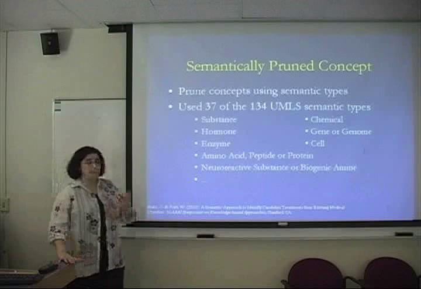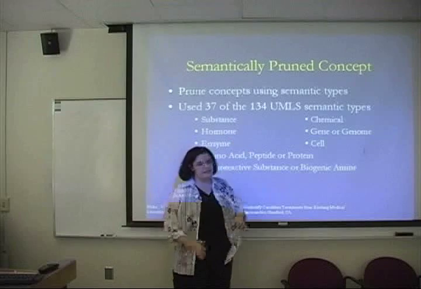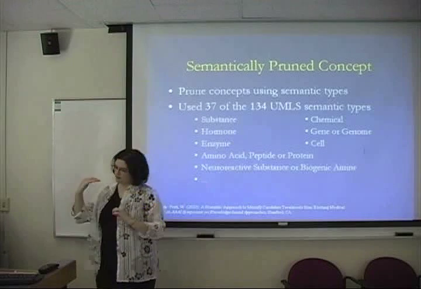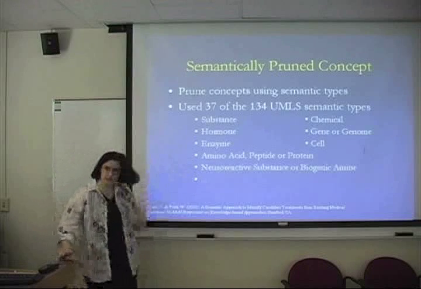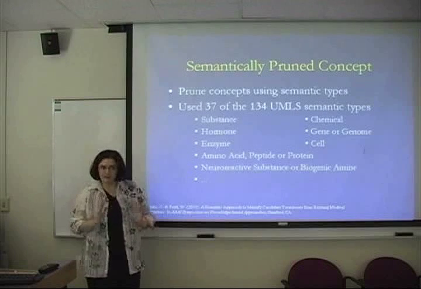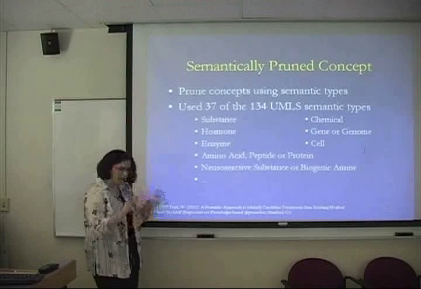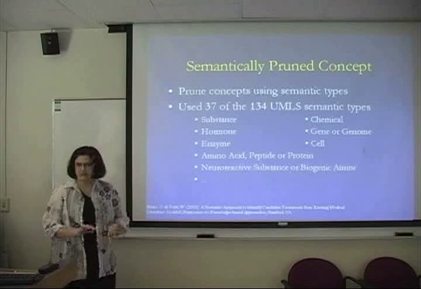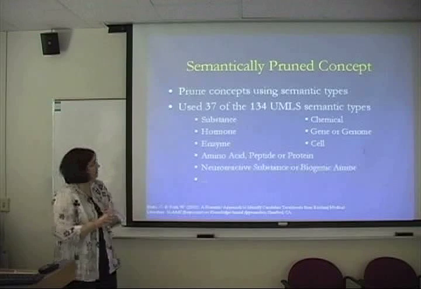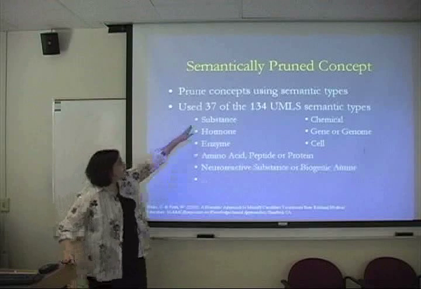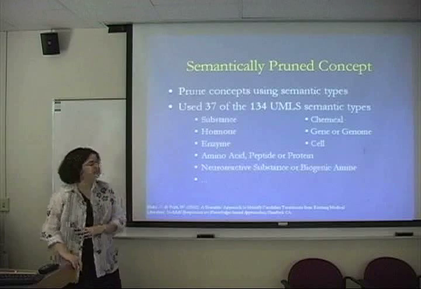For the semantically pruned concepts, I looked through these semantic types, and these semantic types are kind of cool because they're organized in a hierarchy. And so ahead of time, I knew what I wanted the B terms to look like. I knew what I wanted the A terms to look like. And I deliberately tried to select semantic types that would give me the kinds of concepts that I thought would be of value. And so I ended up using only 37 of the 134 semantic types.